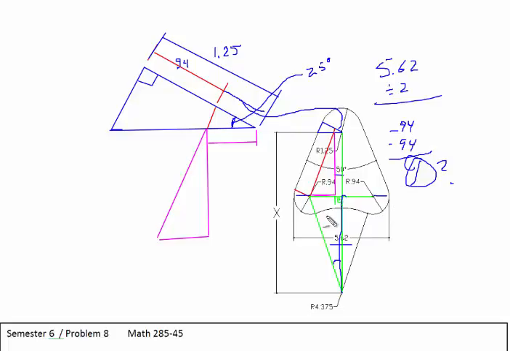And then that's going to tell you what this distance is right here, from here to here. Or you can take 5 inches, 620 divided by 2, and then just subtract the 940 from one side, okay? That's the right way to do it. Don't do it twice. All right, just subtract it once, because you're going to already have that down there.